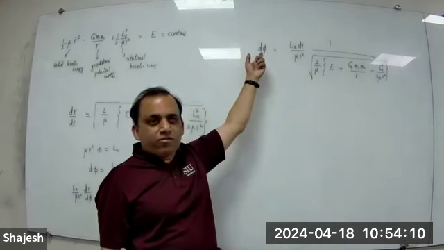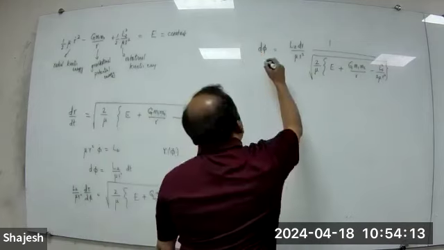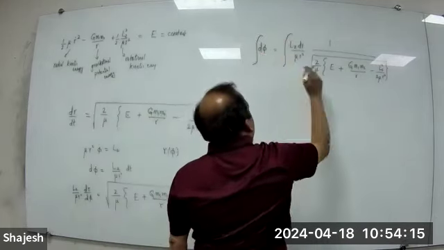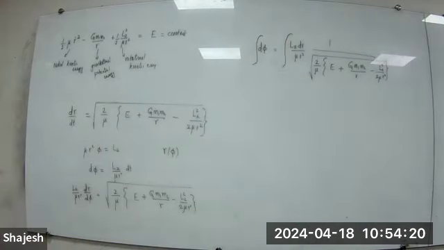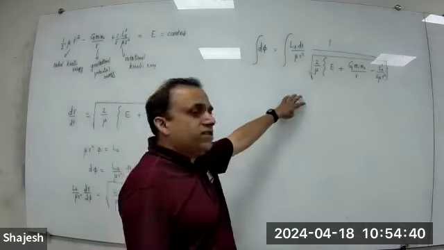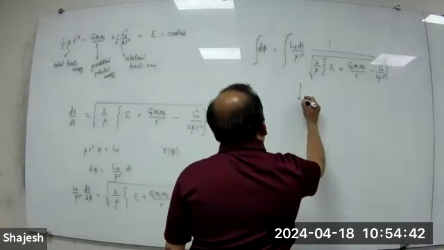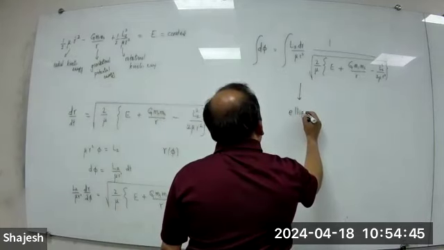The phi integral is trivial, so integrate both sides. If I can integrate this, I'm good. We'll show that it's a very straightforward, simple integral. It's just a matter of moving things around. There are too many variables, but it's a trivial integral that we see in undergraduate calculus, and we will show that this gives us the equation of an ellipse.